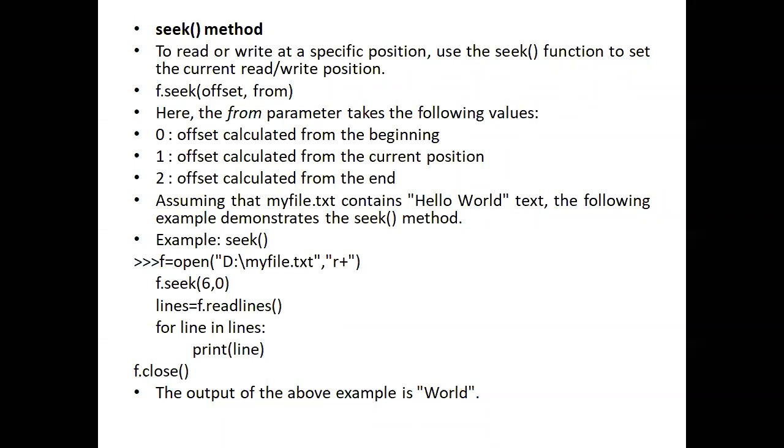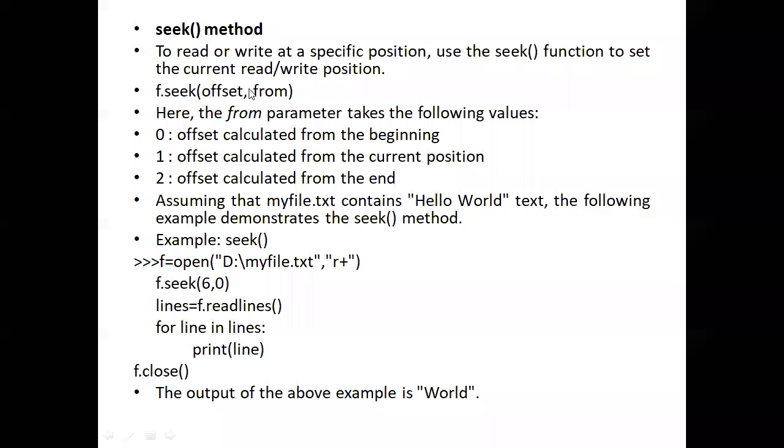How do you specify the position? With the help of offset. Here we need to calculate the offset. Offset is nothing but the location of the pointer where you're supposed to move the file pointer. That you're supposed to calculate in bytes.